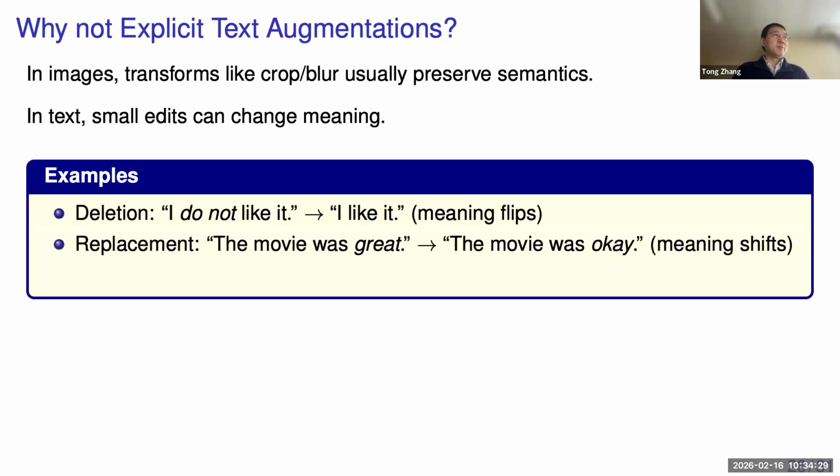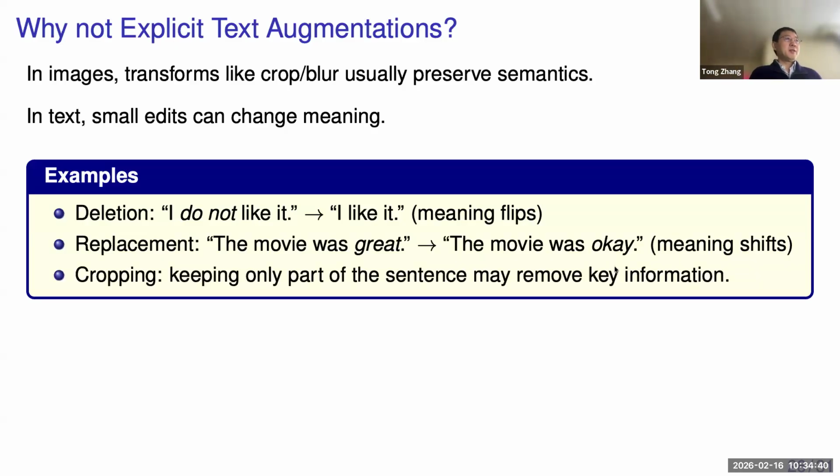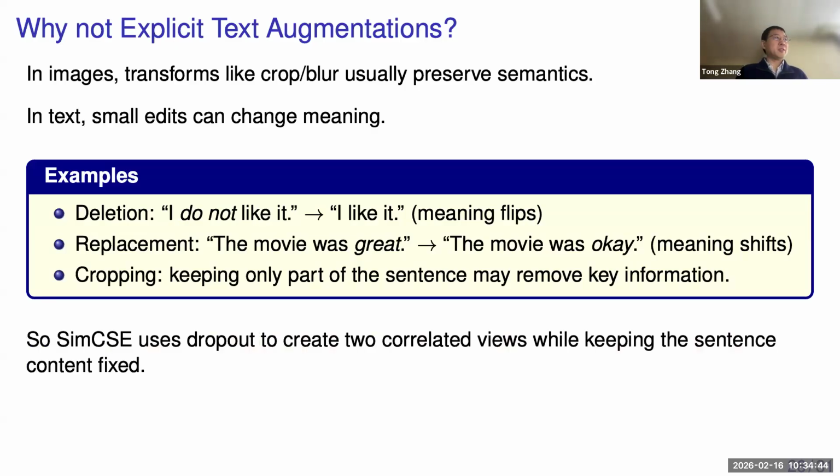So replacement, if you want to do this kind of editing, may not be right. Cropping is not good either, and so on. So it's just hard to come up with the right thing.